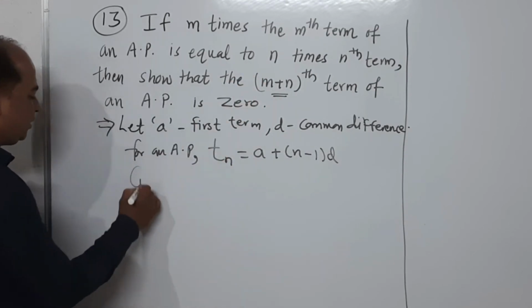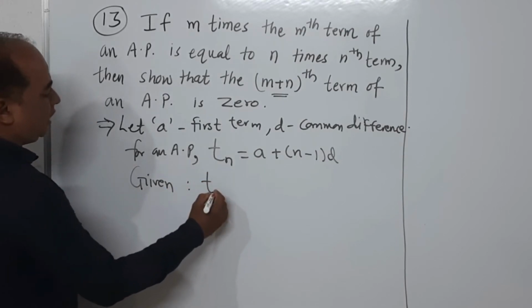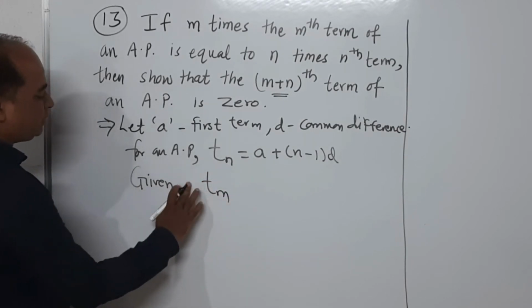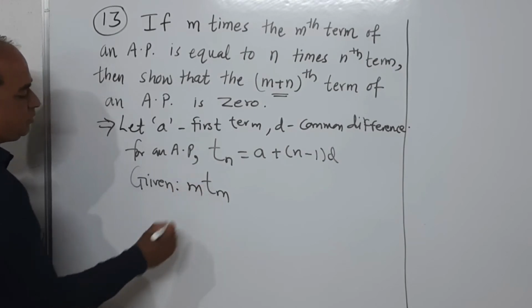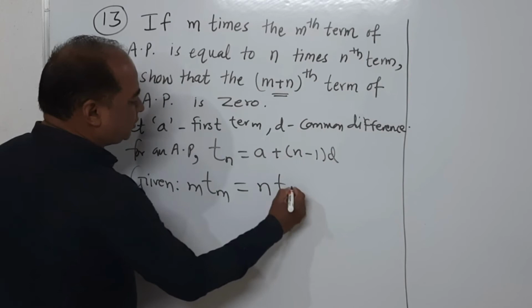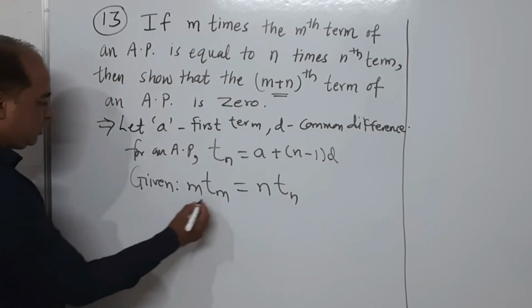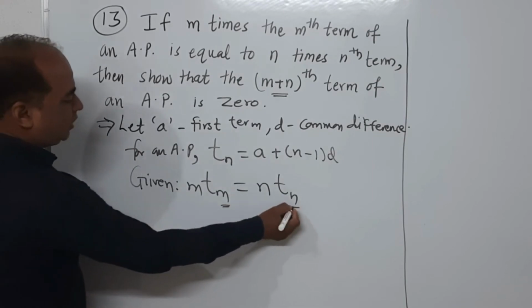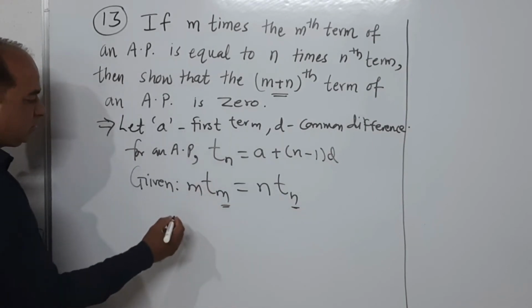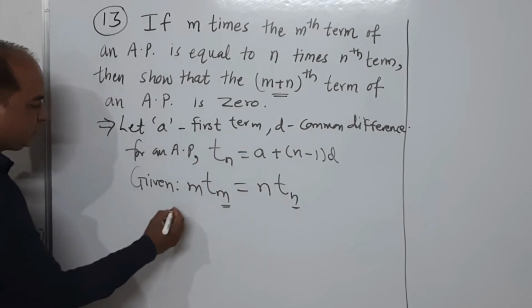It is given that m times the mth term of an AP is equal to n times the nth term of an AP. So substitute the formula for Tm and Tn, with first term a and common difference d.